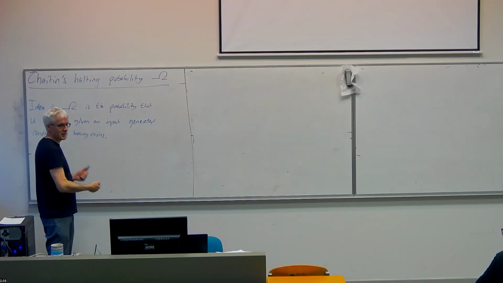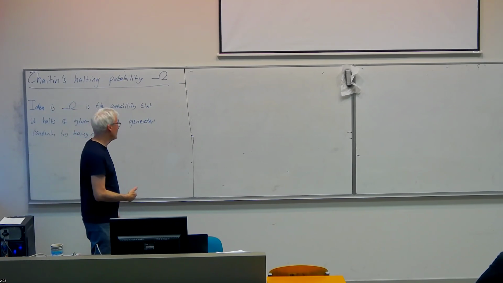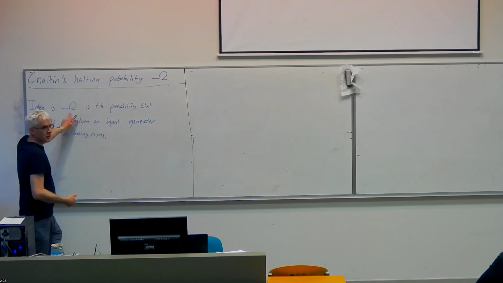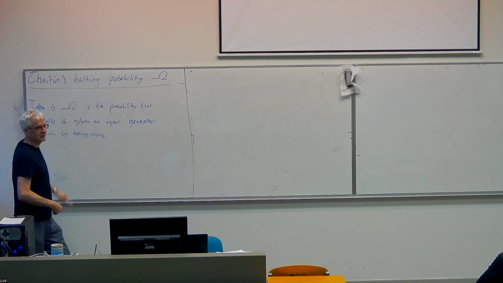You get a word that says, yes, I am a completed input, namely I am in the domain of the universal machine, in which case, at that point, we halt. If we're lucky tossing the coins, we shall get to such a word in the domain of the universal machine, and if we're unlucky, we won't.